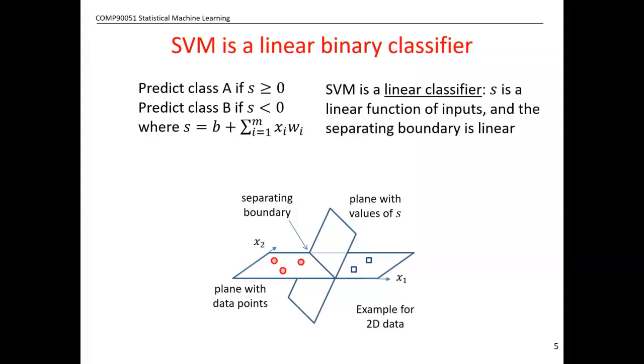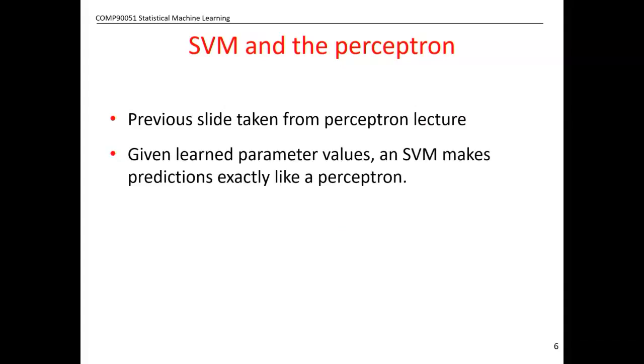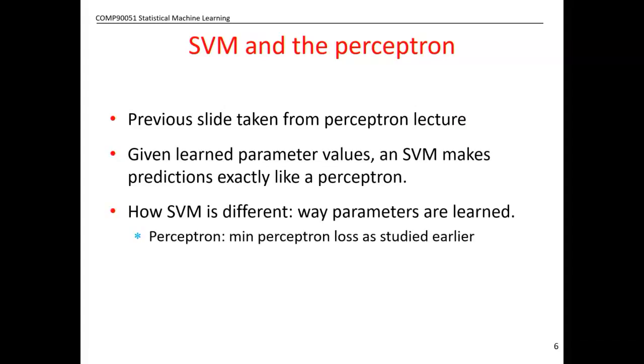If I threshold that weighted sum, I get a line in the original space. This is actually S in this slide, and you can think of it as a landscape defined on top of the feature space. When it's positive or negative, it determines what sign, what class, we're predicting. We make predictions just like a perceptron, but we don't learn the weight vector like a perceptron, and we don't learn it like logistic regression. The difference is the learning algorithm.